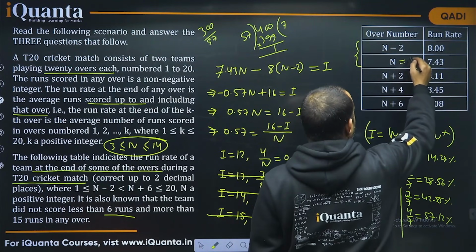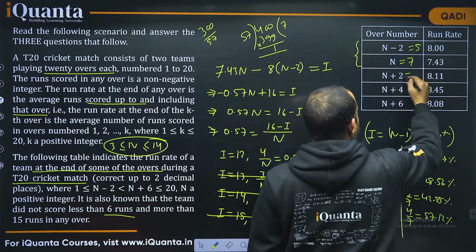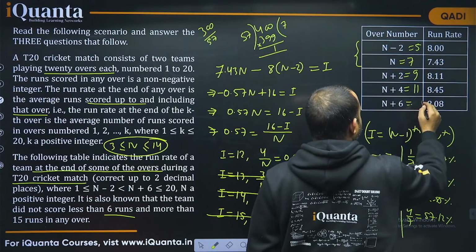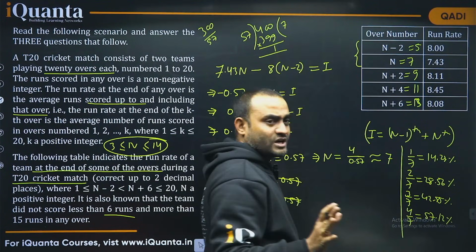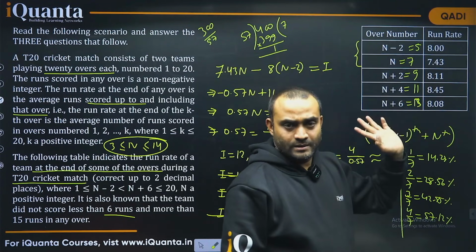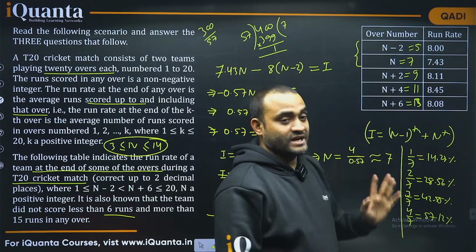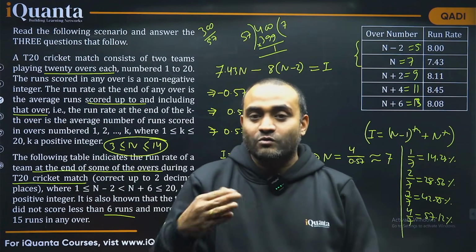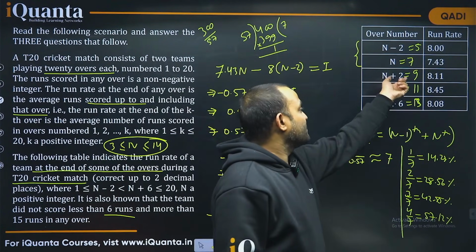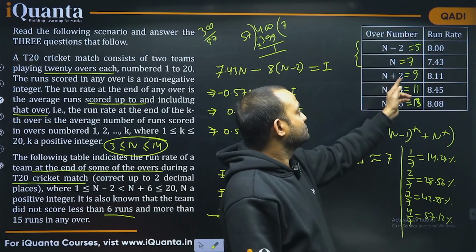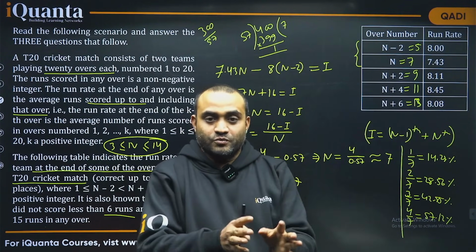If n is 7, this must be 5, this must be 9, this must be 11, and this must be 13, right? Now, one more thing that you can notice here, 8.11, that is also useful. 8.11 means how do you get .11? 1 by 9 is equal to 11.11, right? So, n plus 2 into 8.11 should be an integer.